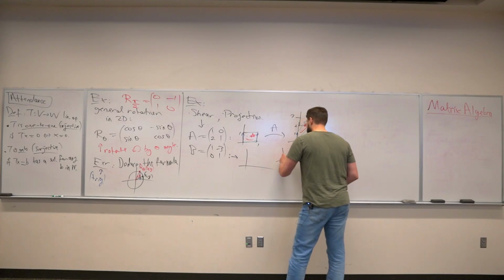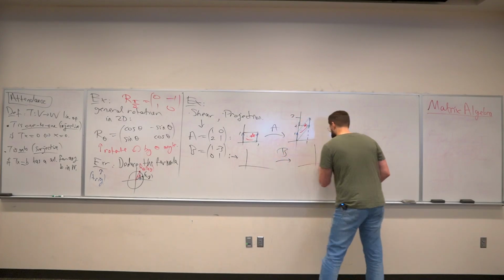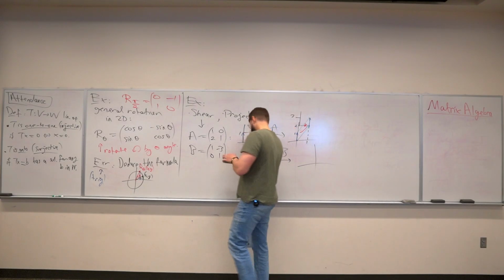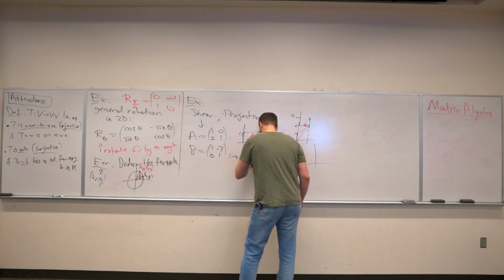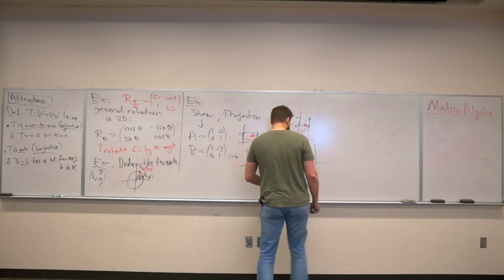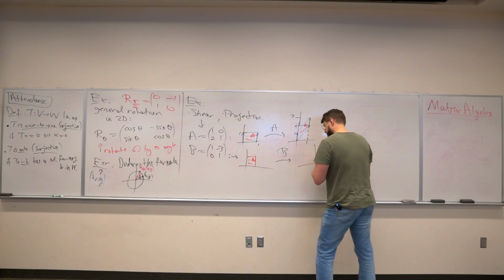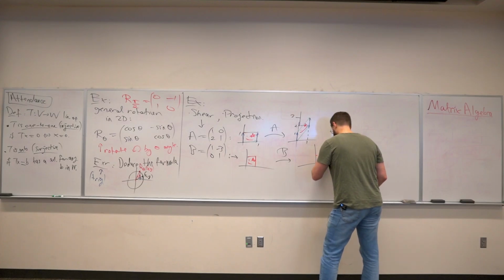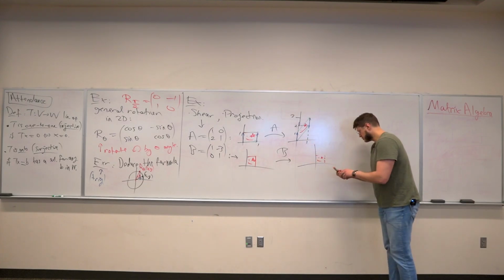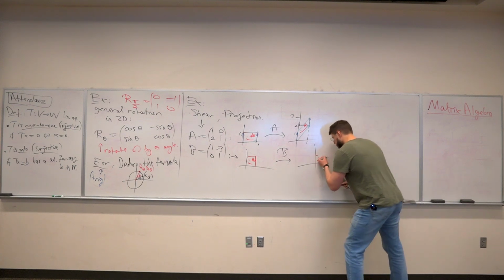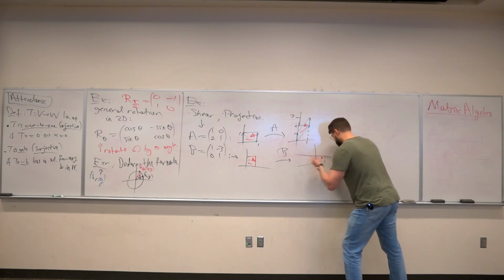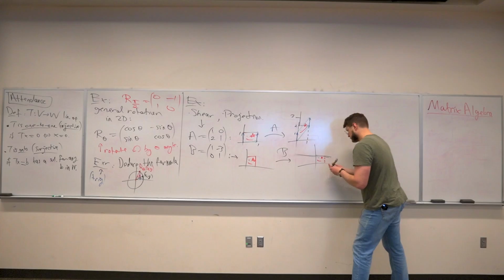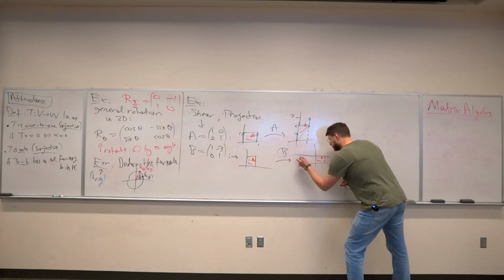So this was A. This is B. This is where I started. Okay, just draw it like so. Now it turns into something like this.